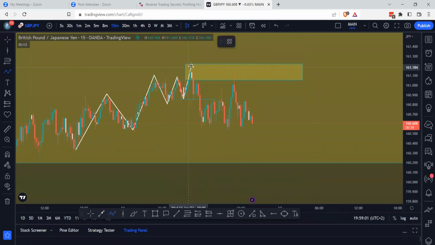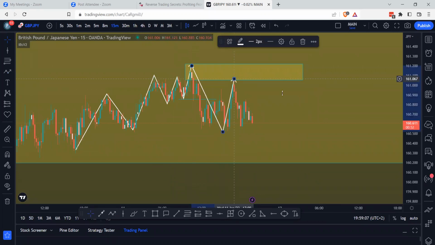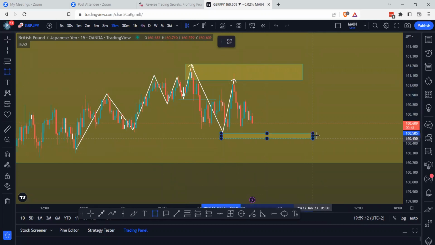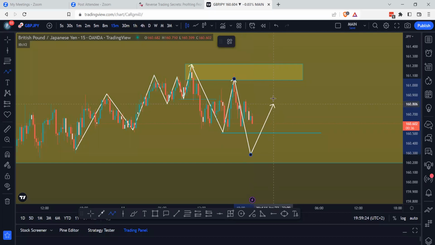We have this, like so. You want price to break below this. Once that break happens, you wait for a retracement into a supply zone, and then you take entry for the sell.